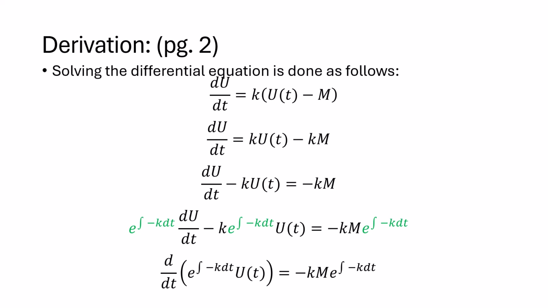The purpose for doing this is to have the ability to collapse one side of the equation, the side that has the derivative on it, into the derivative of a product.